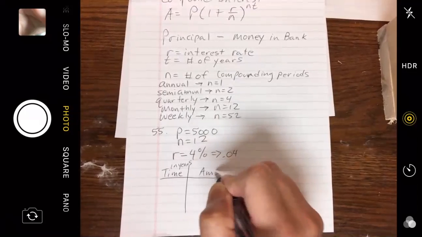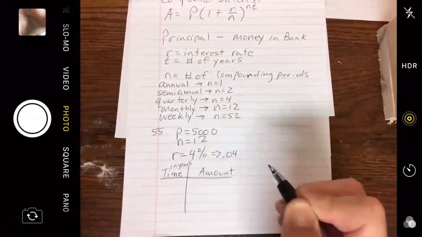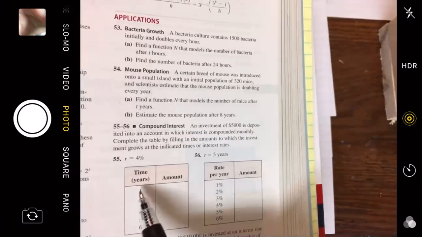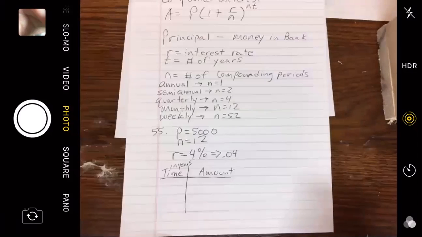Here's your amount. Okay, so it's in word problem form, and the numbers are kind of all spread out. They're having you run it for 1 year, 2 year, 3 year, 4 year, 5. I'll just do the first 2, maybe 3. So they're going 1, 2, 3, 4, 5, and 6.